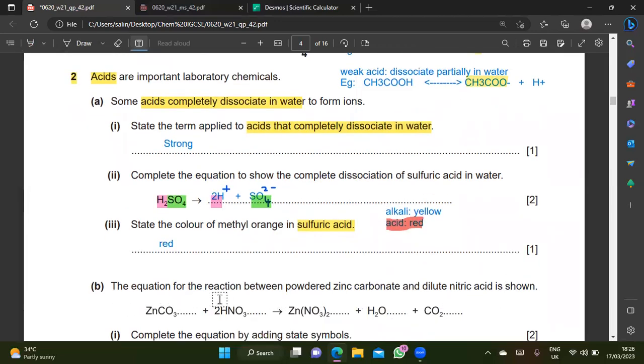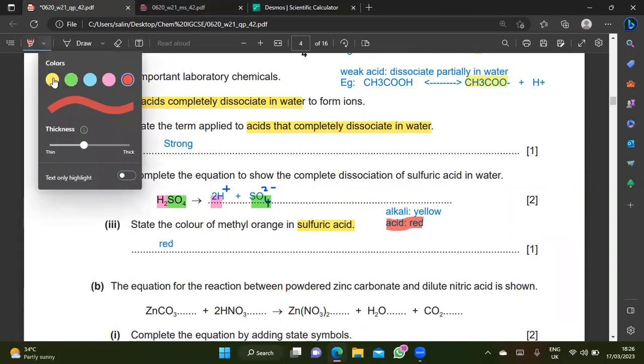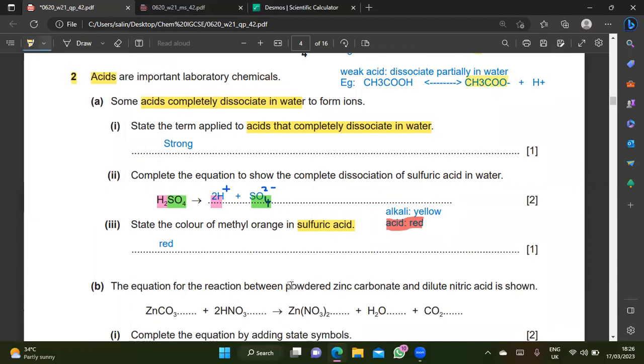Now, the equation for the reaction between powdered zinc carbonate. Let's try to see the key point. You are using powdered zinc carbonate, and dilute nitric acid is shown. When we say dilute nitric acid, meaning this acid is diluted with what?